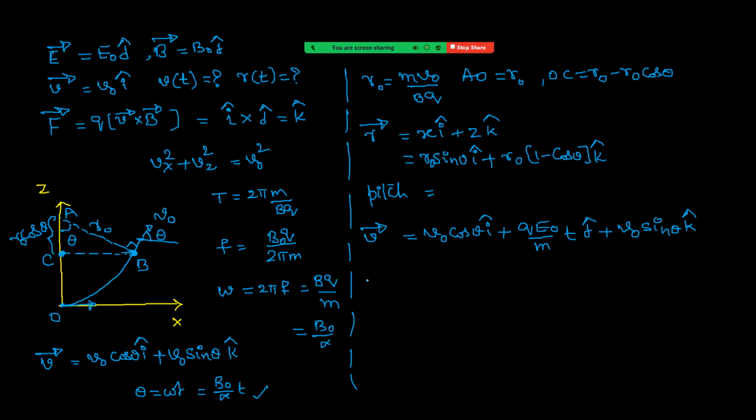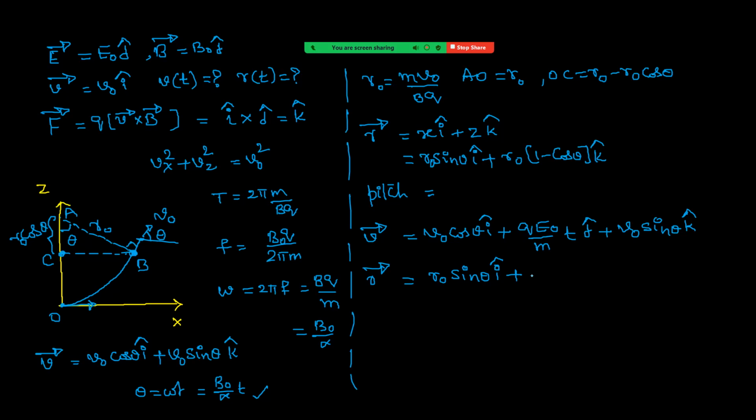Coming to the position vector r bar: along x, no change, r naught sine theta i cap, plus the displacement along the y-axis. Along the y-axis, initially the velocity component was 0, so the question is just like starting from rest along the y-axis.